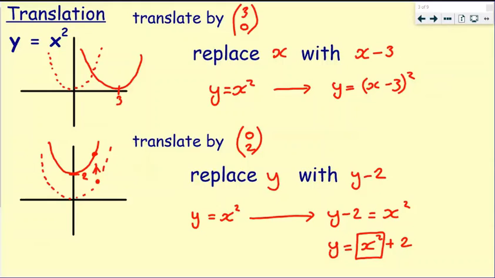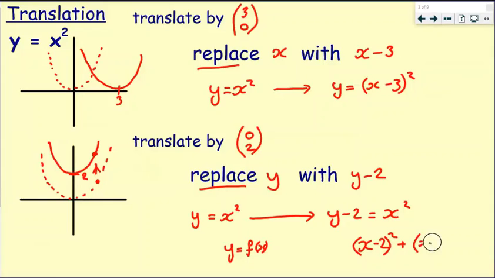But if we think of everything as replacing y with something or replacing x with something, then we get a consistent approach across all of the transformations, and it works whether our functions are written as y equals f of x, or whether they are some function of x and y, a bit like equations of circles or all sorts of other things.